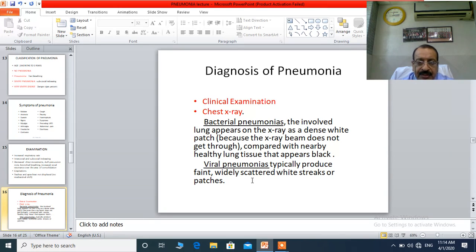In viral pneumonias, we will find scattered white shadows. And in bronchopneumonia, we will find small areas of consolidation. So there will be patchy consolidation of the lungs, visible on the X-ray as small white patches over the different lung zones.